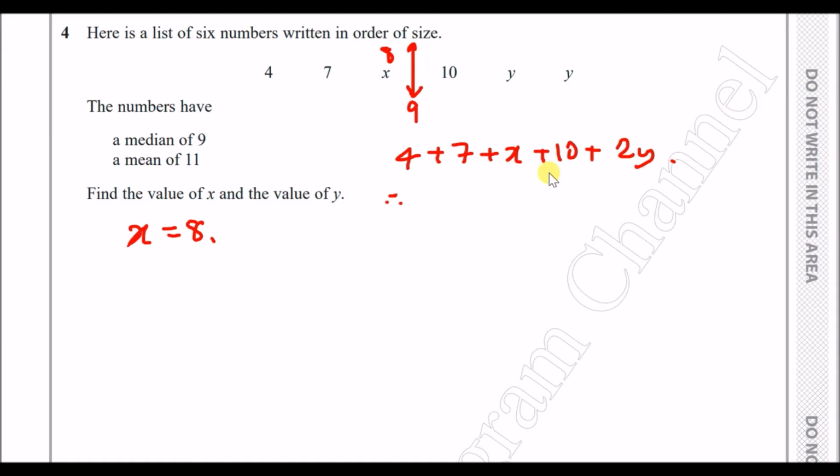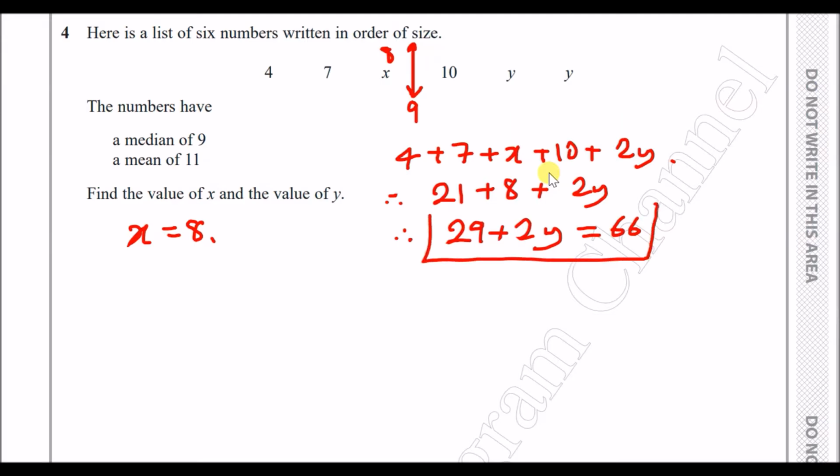Tidying up, 4 plus 7 is 11, plus 10 is 21, plus x, which is actually an 8, which I forgot to write down, plus 2y. Again, tidying up, 21 plus 8 is 29, plus 2y. And we know all of this is supposed to equal 66, because if you divide them both by 6, you'll get 11. Now we just have to solve for y.